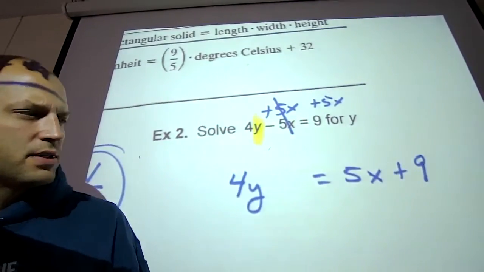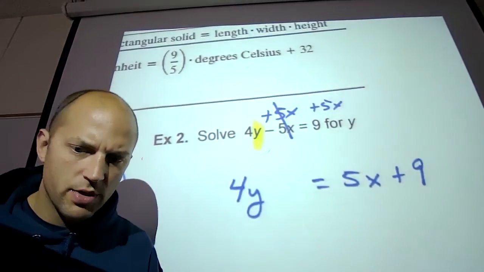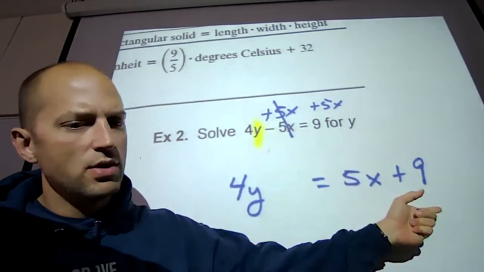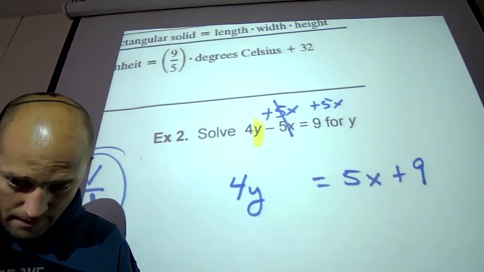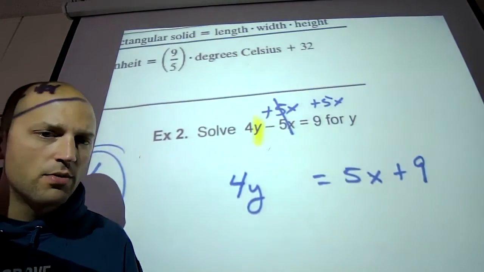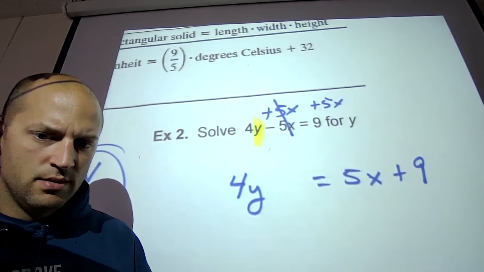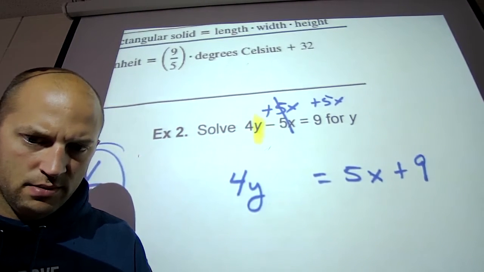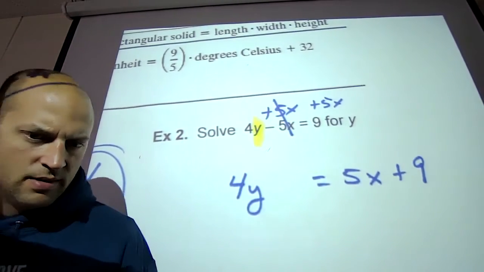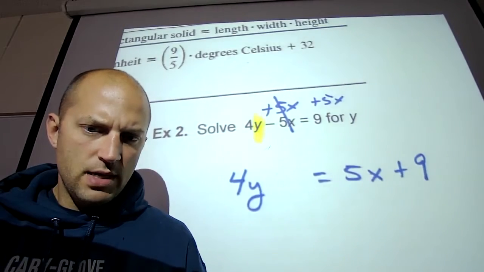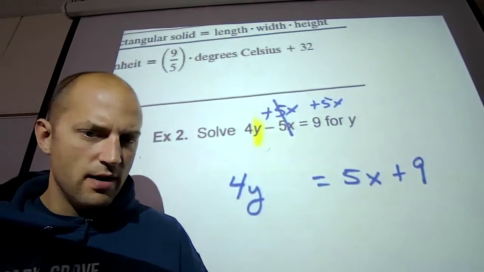You could do 9 plus 5x, but if you don't know, this is a linear equation. This is something we're going to dive into eventually. And usually we write it so that the x comes first. All right, I got one more step. How do I get this 4 out of here? What do you guys think? Roxana, Riley, Irene, Hunter, how do we get this 4 out of here?